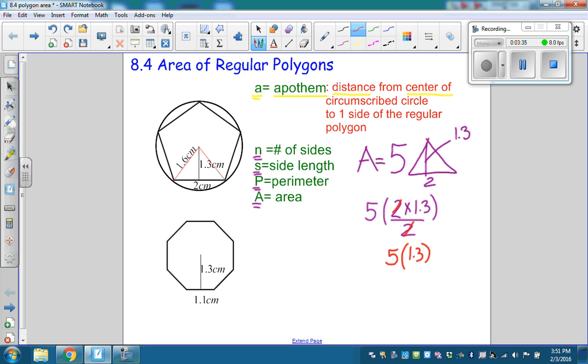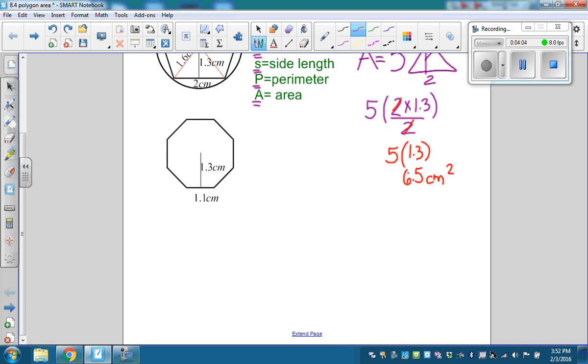So that's 5 times 1 and 5 times 3/10. So that's 6.5 centimeters squared. So that's one way to do polygon area. That's usually the way I do it. There's also a formula, and we'll talk about the formula. But let's just go through the process one more time.